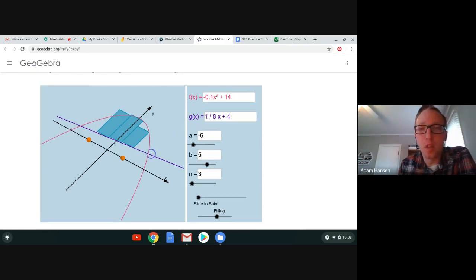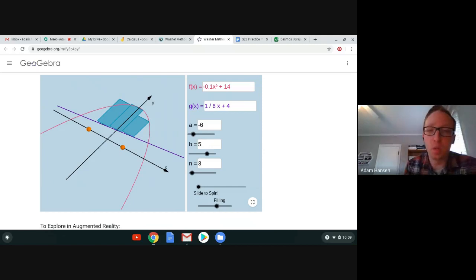All right, so while this is loading here, we can see we have two functions. In pink, the parabola f of x equals negative 0.1x squared plus 14. And in purple, the linear equation g of x equals 1/8 x plus 4. We're going to rotate this around the line y equals 0, or the x-axis.